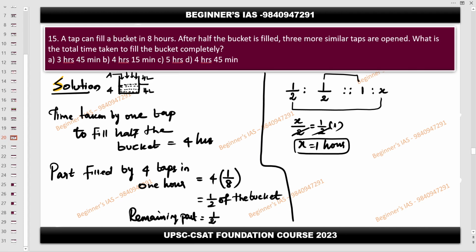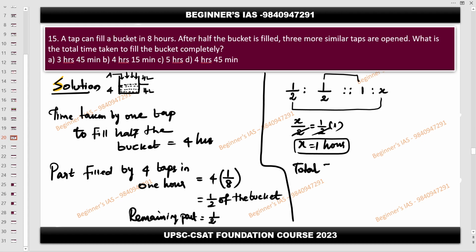Okay, so here half bucket already filled. So if the question is dealing with the time taken to fill the remaining part, then the answer is 1 hour. Okay, but the question is dealing with the total time taken.